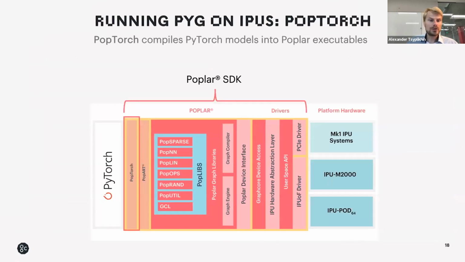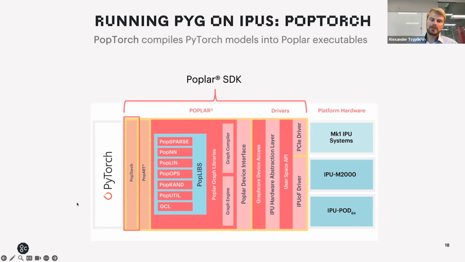With PyTorch, the software stack looks like this. This is a different view compared to the one I've shown yesterday. So there is PyTorch, and PyTorch Geometric will be on top of PyTorch here. Then we have PopTorch, PopART, and the software stack with the libraries and drivers that run on hardware.